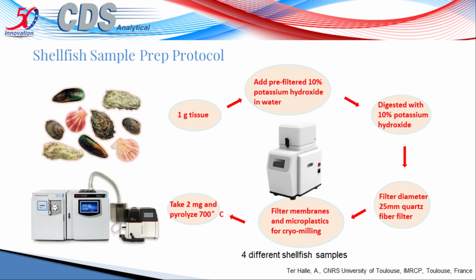Then this mixture was filtered onto a quartz filter. Both the filter and the microplastics on the filter were then cryo-milled using that optimized grinding procedure that we talked about in the previous slide. When it was time for analysis, we took 2 milligrams of this mixture and pyrolyzed it at 700 degrees.